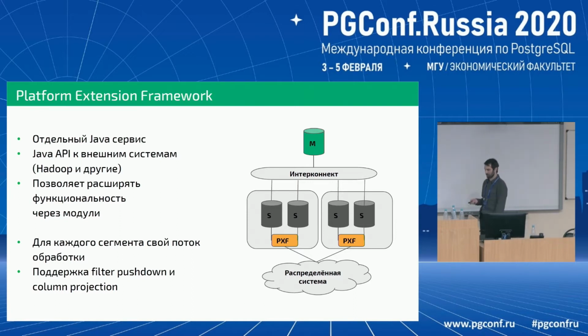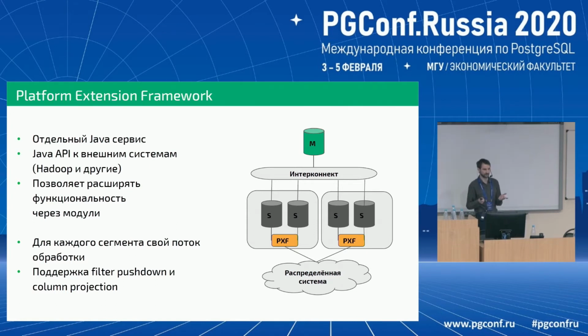It's better to have a dedicated service that works with them through the Java API. So for this kind of operation, you can use PXF, and you can write your own module just to support such systems. You can talk to such systems not only through the Java API, but through other APIs too.